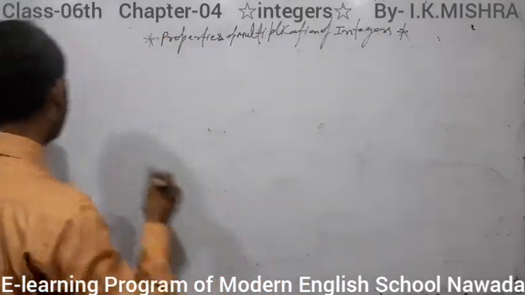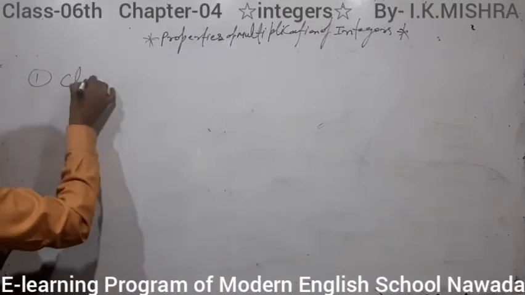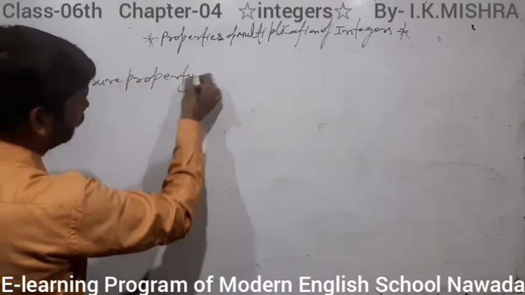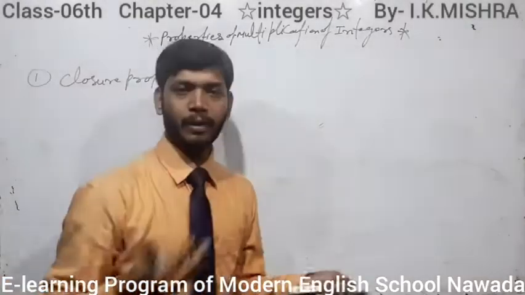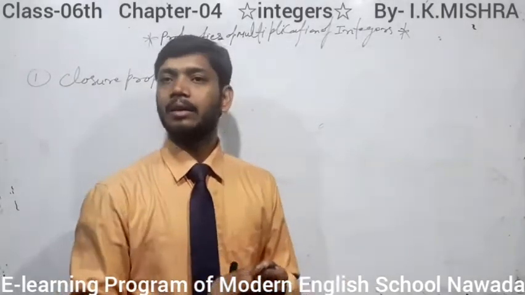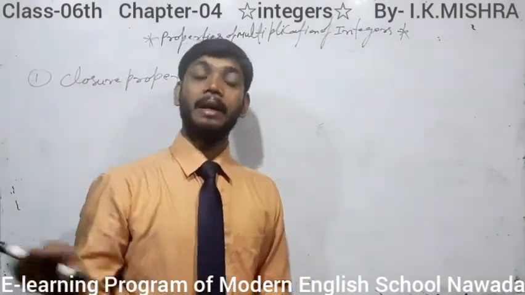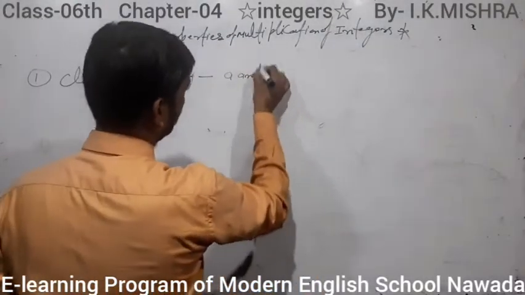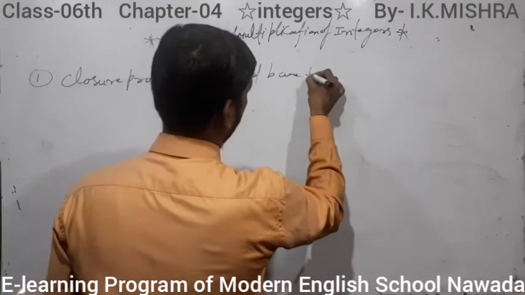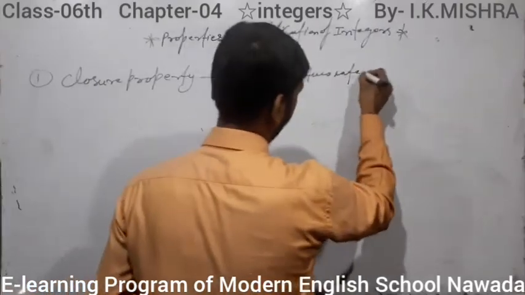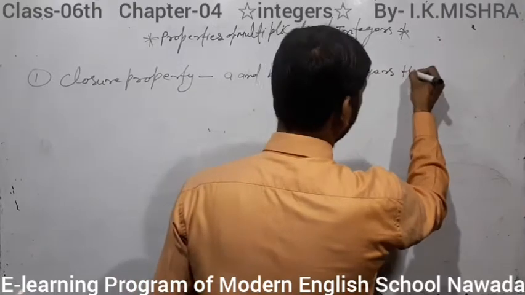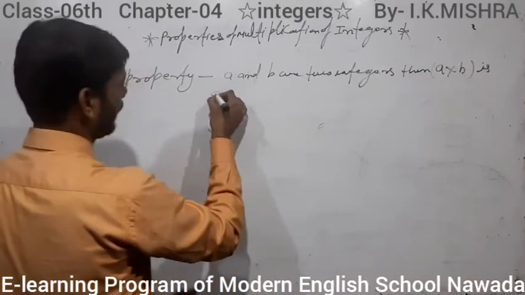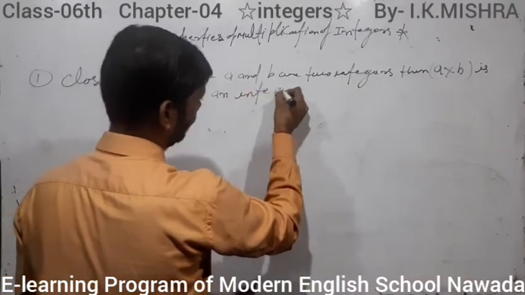Here the first property is the closure property. Students, what do you mean by closure property? When two integers are multiplied, the result is also an integer. Suppose a and b are two integers, then a into b is an integer.